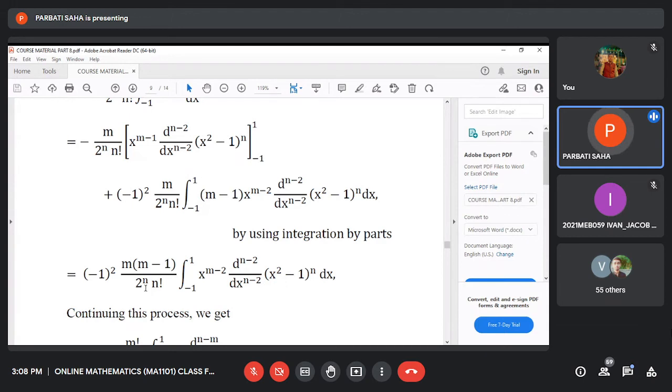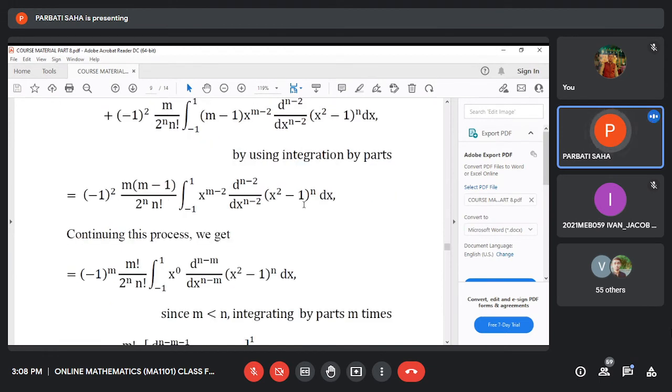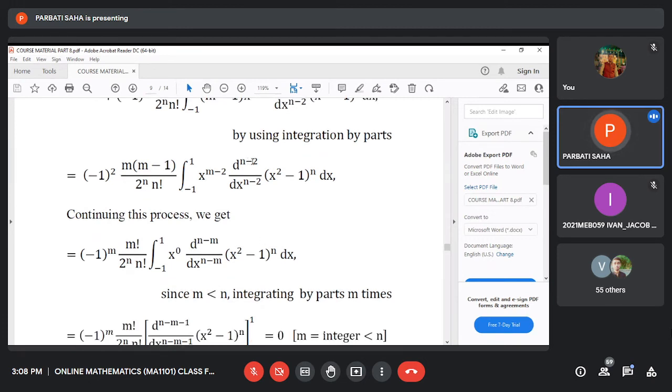Again the first term will vanish and only the second term will survive. And then it looks like this. Now we can continue this process m times. If you repeat this twice, then it is 2. We have repeated twice and obtained this.